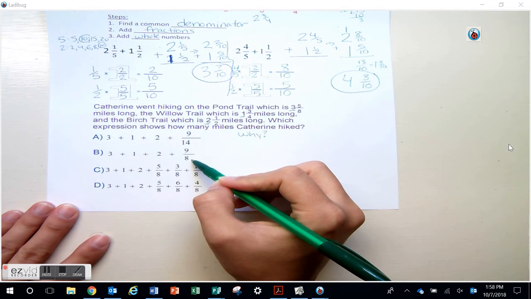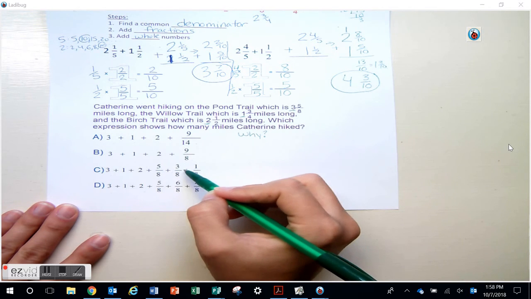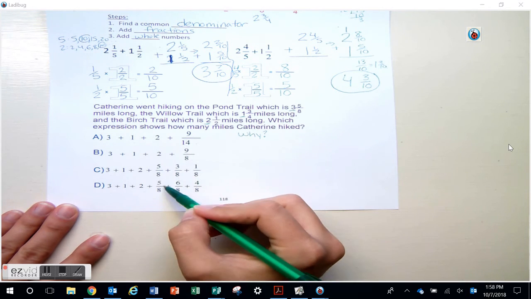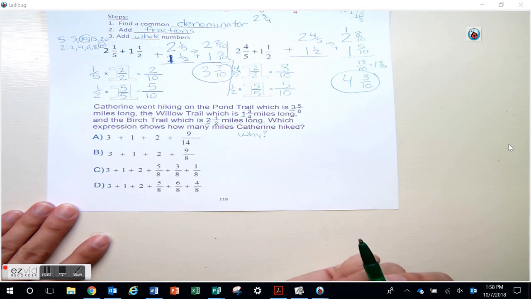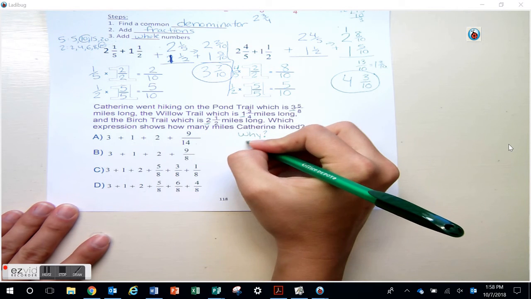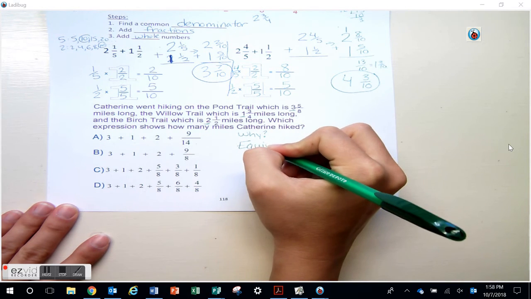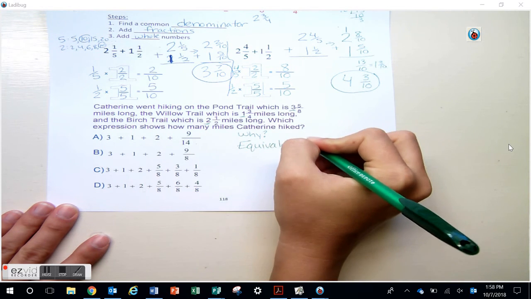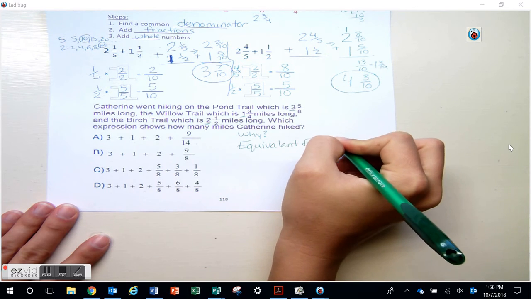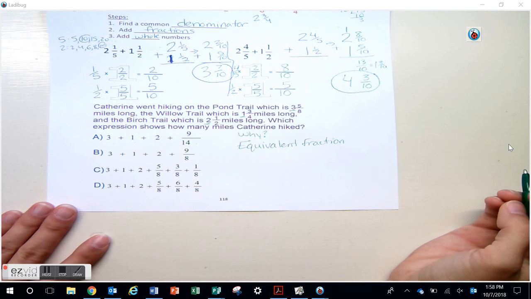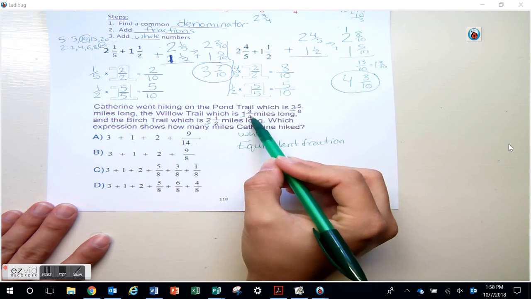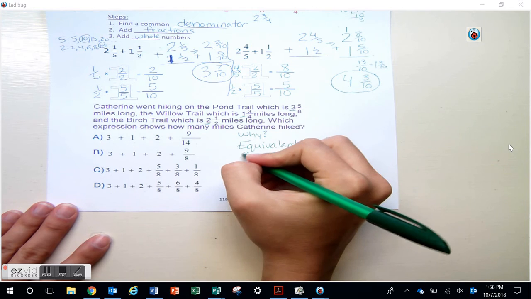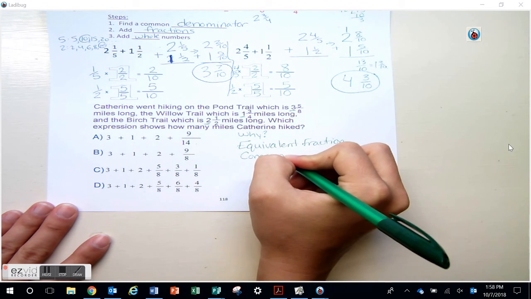Here we have 9/8, 5/8, 3/8, 1/8, 5/8, 6/8, 4/8. Whew, this is going to be hard. I suggest that we find equivalent fractions to 1/2, 3/4, and 5/8 that have common denominators.